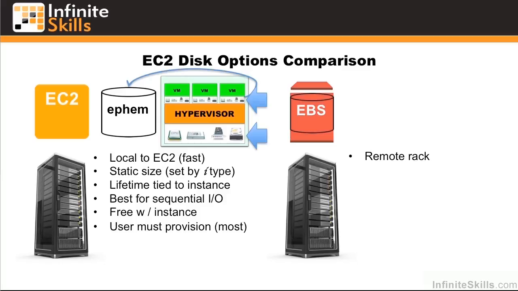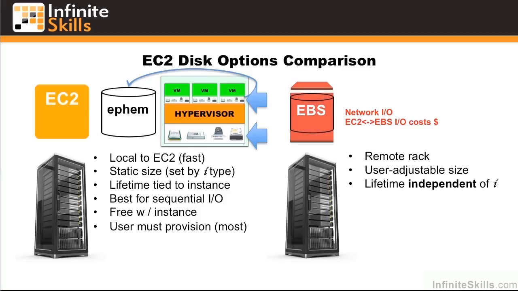The EBS, in contrast, exists in a remote rack, which means that there's network I/O between the EC2 instance and the EBS volume. This network I/O is charged. The size of each EBS volume is adjustable. Its lifetime is independent of the instance itself. It's best for random I/O. It does have extra cost associated with it for both storage and I/O into and out of the EC2 instance.